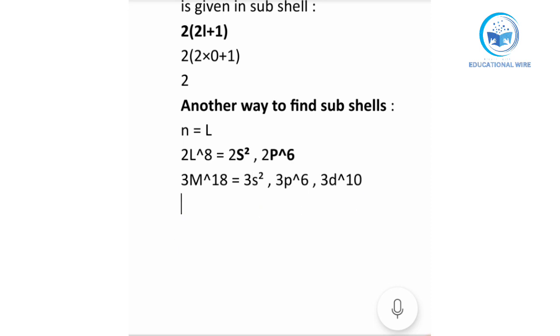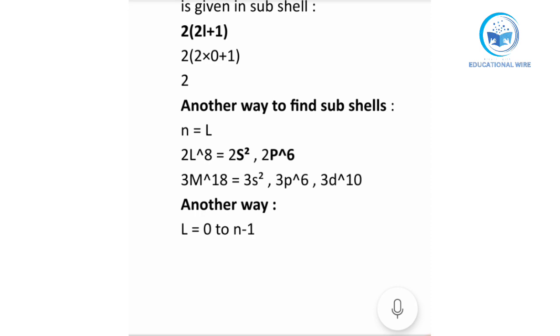After that, there is one more method to find the subshells of the orbits, another way. Now we will use a formula: l is equal to 0 to n minus 1.